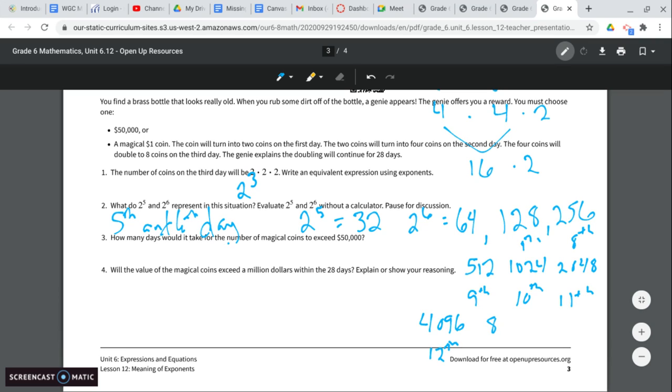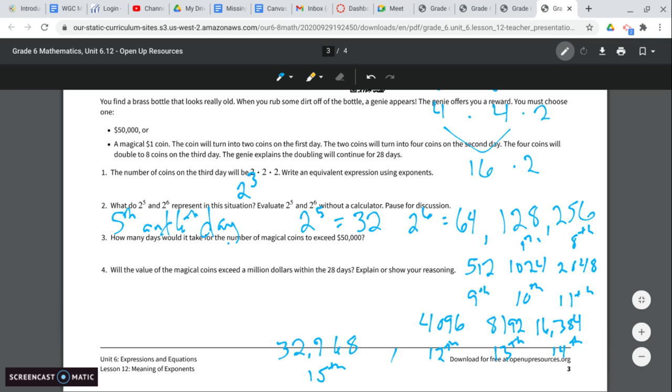Then we get to 8,192. That's the 13th. Now we're at 16,384. That's the 14th day. 15th day is going to be 32,768. That's our 15th day.